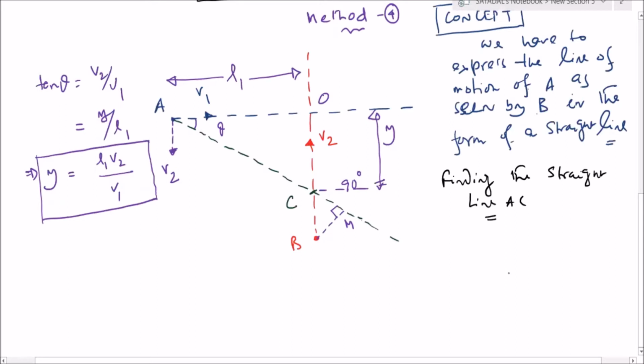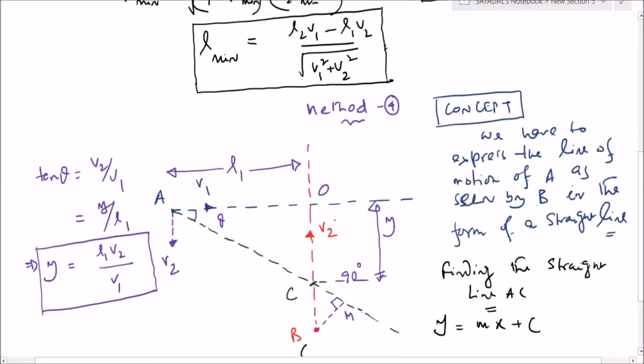So let me do a little bit of mathematics here. y is equal to mx plus c, correct? Let us go for the coordinates. What is the coordinate of B? If I take this as the origin, 0, 0, the coordinate of A will be minus L1, 0, and the coordinate of B will be 0, minus L2.